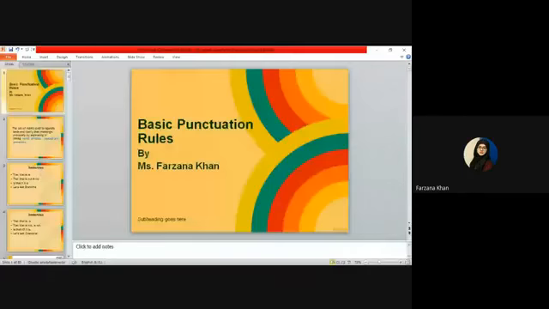Getting punctuation wrong can change the entire meaning of a sentence. So to become an effective English writer and to make your written text comprehensible for your readers, it's very important to understand and learn the basic rules of punctuation. So pay close attention to today's lecture and learn about the basic rules of punctuation.